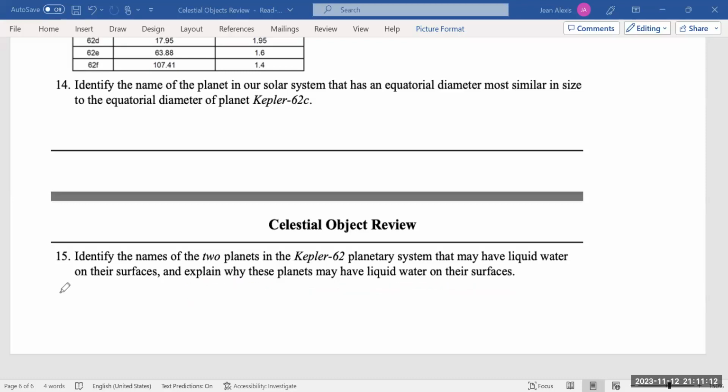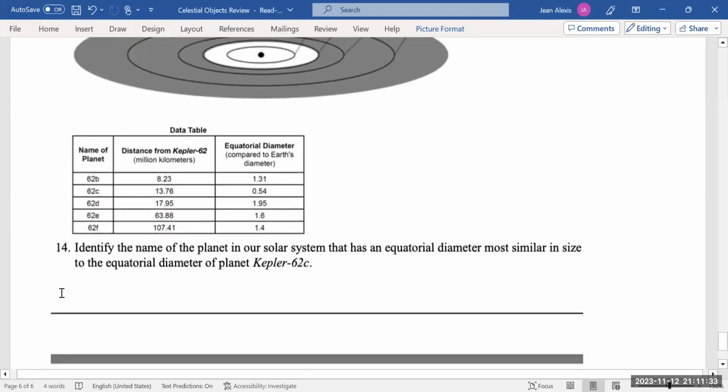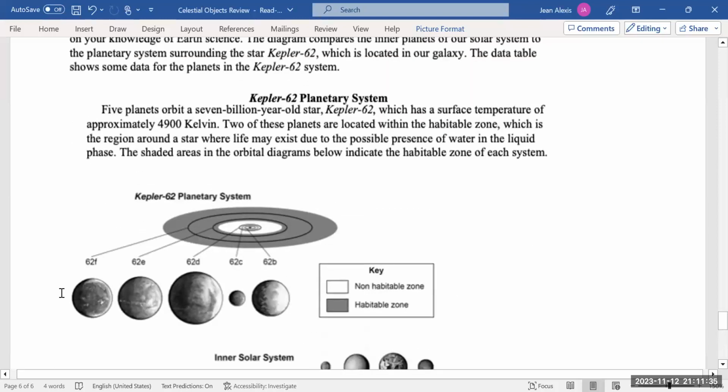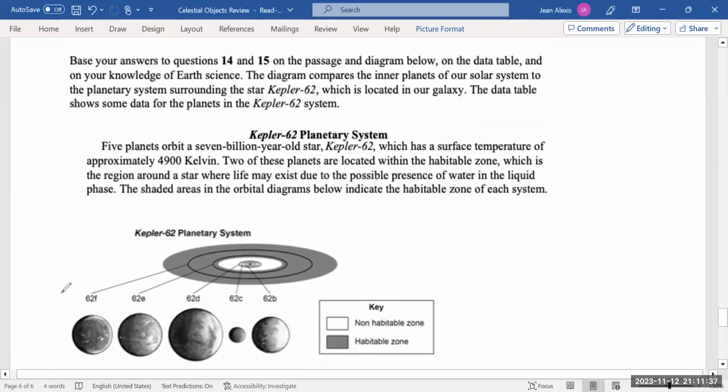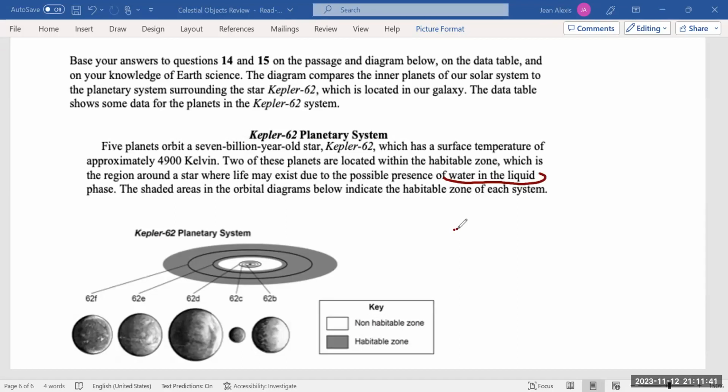So identify the names of two planets, not in our solar system, but in Kepler 62 planetary system that may have liquid water on their surfaces, and explain why. So I have a feeling that the reading is going to help me out, right? What does the reading say about planets with liquid water? All right, I see the presence of water in the liquid phase, right?